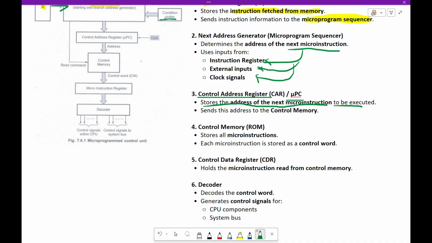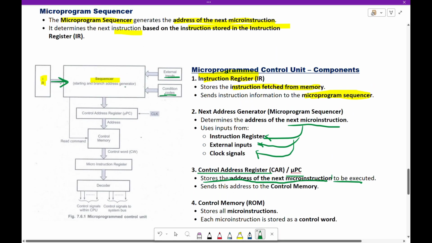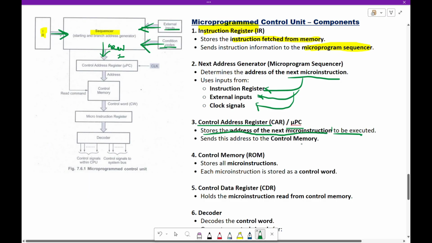It stores the address of the next microinstruction which is executed by the sequencer, and so here it is sent to this, and the new instruction address is sent to control memory. Okay?